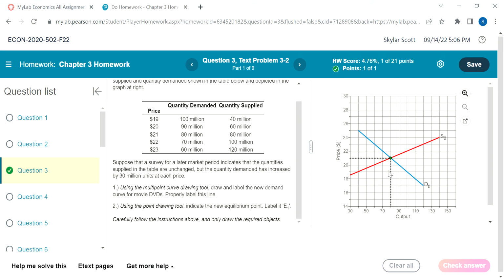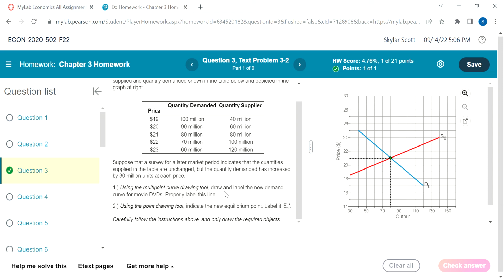So before we even look at what the question wants us to do, we know we're going to see a rightward shift of our demand curve, looking like that. Using the multi-point curve drawing tool, draw and label the new demand curve for movie DVDs.